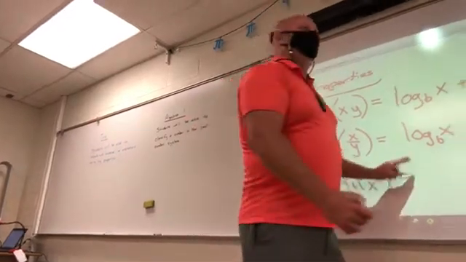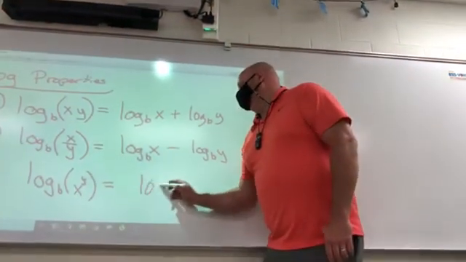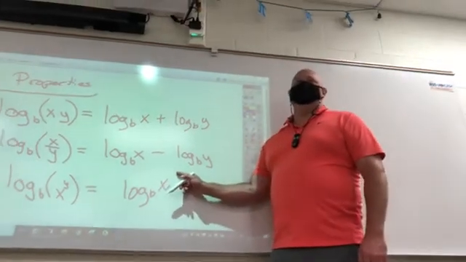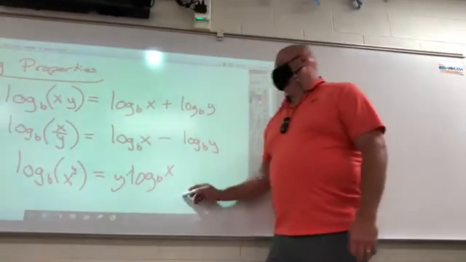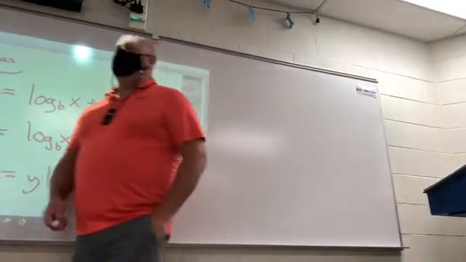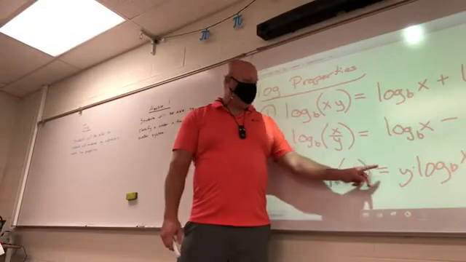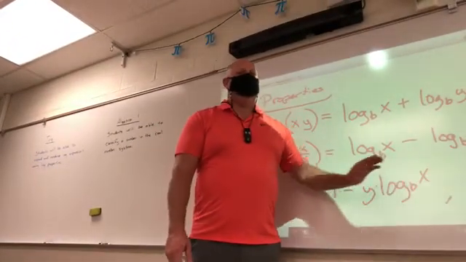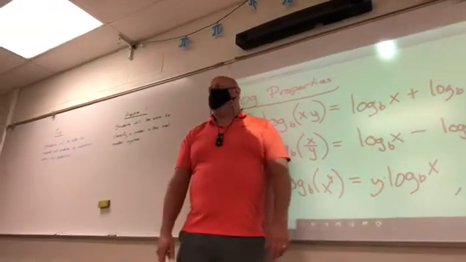If you ever see an exponent in an of part, what you can do is you can take that exponent away and basically just move it right out front and multiply the whole logarithm by that. So you end up with log base b of x to the y is the same thing as y times log base b of x. Okay? So those end up being the same thing.